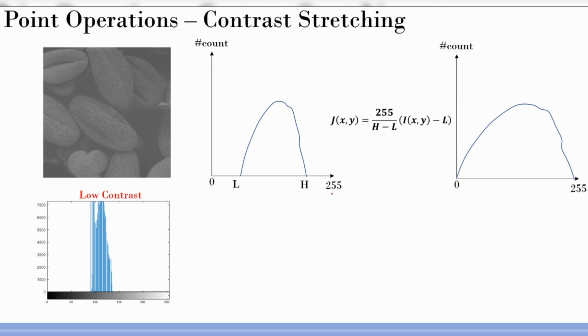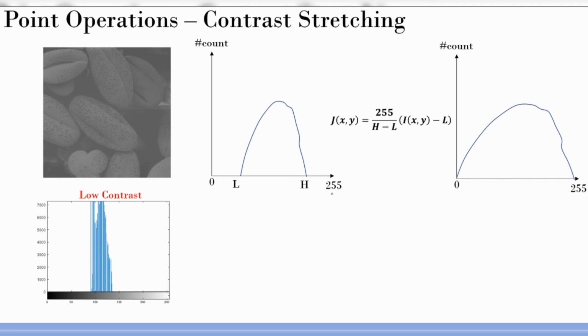Again I am stressing this: if it is an unsigned 8-bit image, its full capability is going from 0 to 255. If it is not occupying 0 to 255, you should always do this process of contrast stretching. You stretch your image to the entire dynamic range, otherwise you are not making use of the full capability, the full potential.